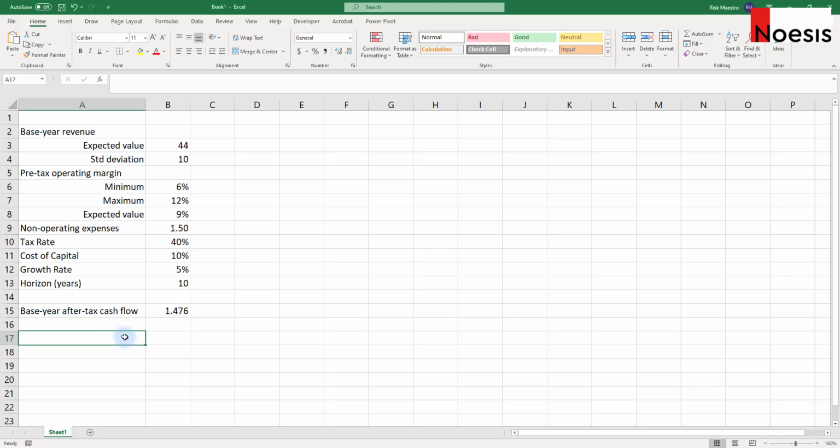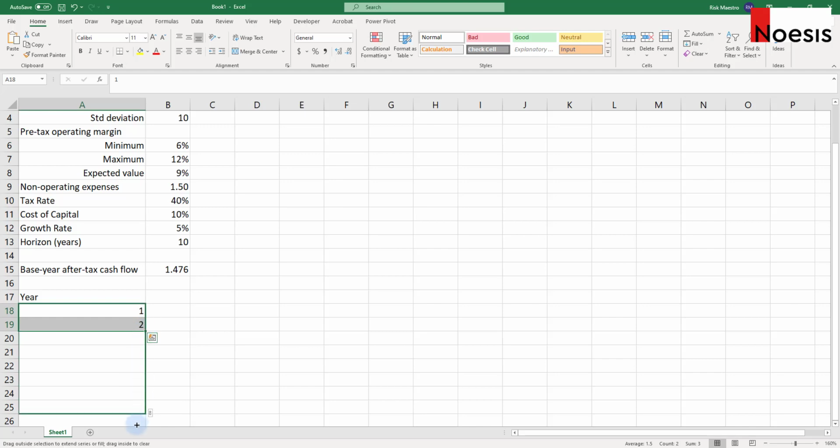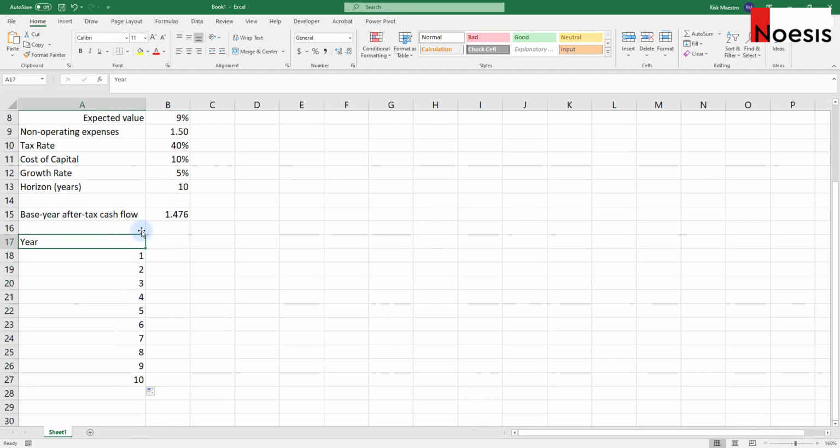Now, to calculate the value of the store, I'm going to calculate the after-tax cash flow every year up to year 10. So here we have 1, and then you can have 2, and then you just highlight this all the way to 10. Then we have the after-tax cash flow.